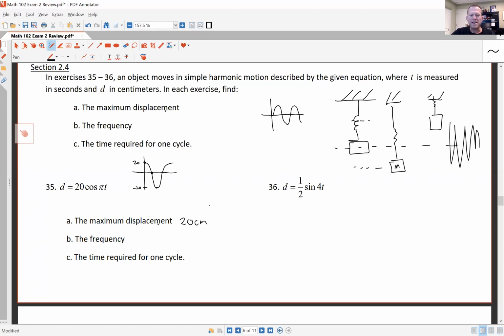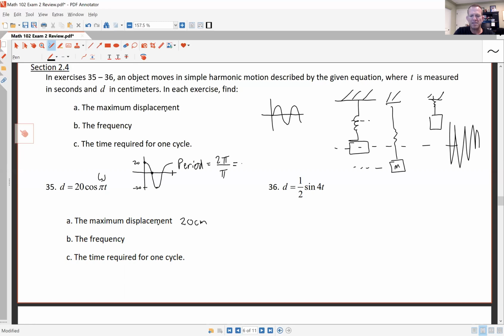In terms of the frequency and the time required for one cycle, I like to do the time required for one cycle first, because we're good at graphing 20 cosine pi t. We know that the period of this is 2 pi divided by what's in front of the t, which is the pi. We called that omega.